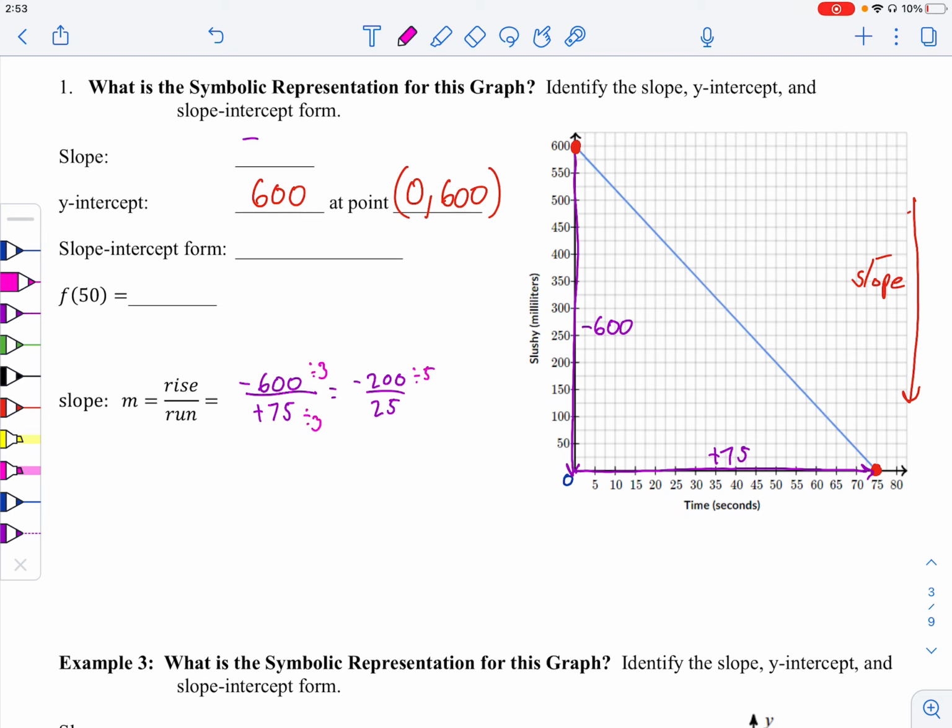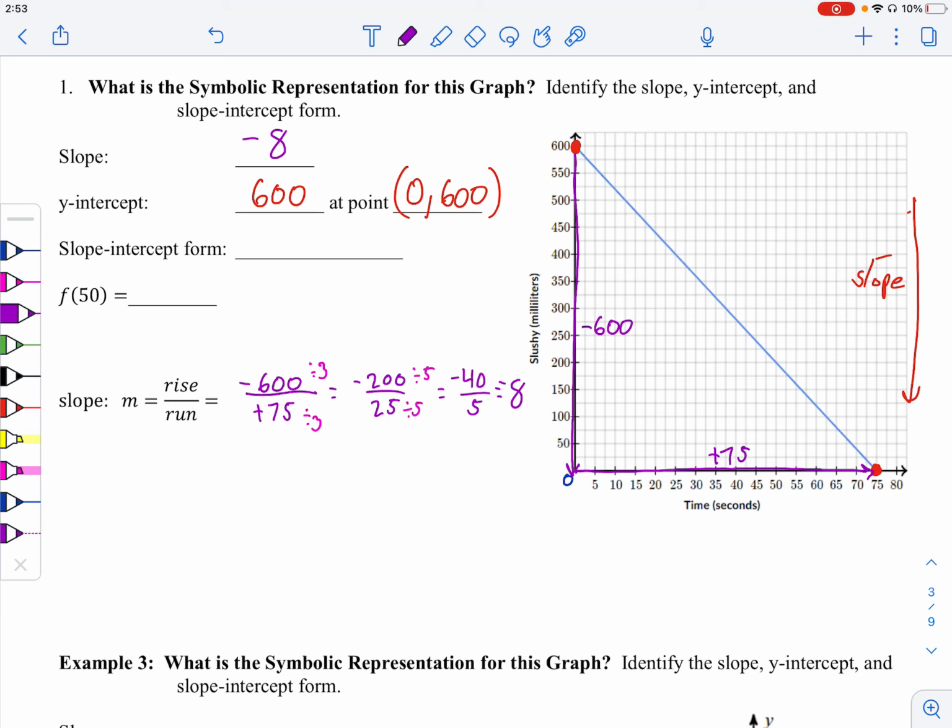Divide the top by 5 and the bottom by 5. 25 divided by 5 is 5, and 200 divided by 5 is 40. And 40 divided by 5 is 8. So we simplify our fraction, and this is negative, so our slope is negative 8.